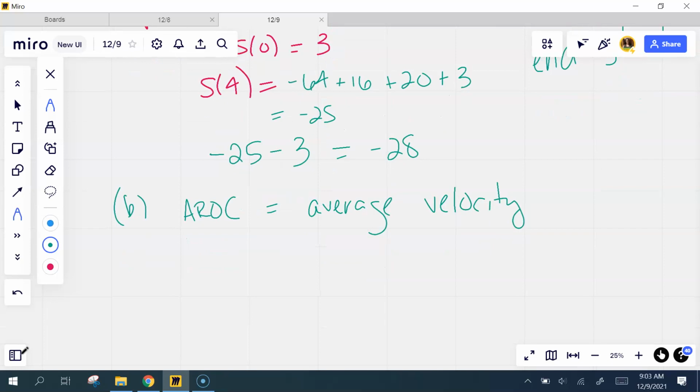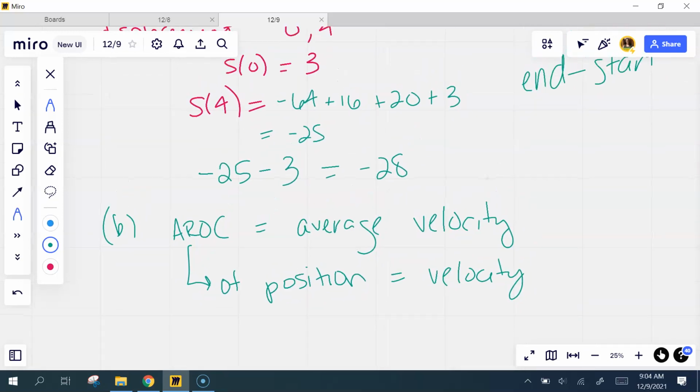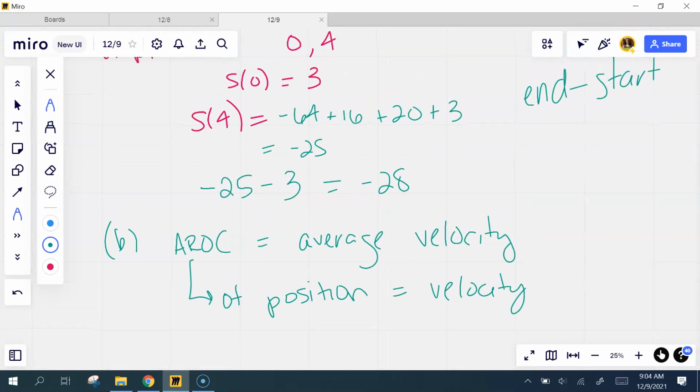So the average rate of change of position gives us velocity, or estimates velocity for us. So I take 0, 3, and I take 4, -25, and I do the slope between them.